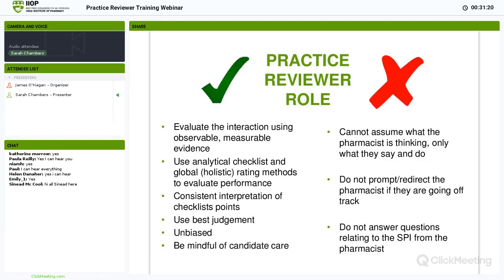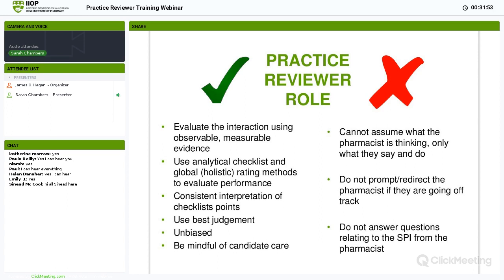So to use the analytical checklist and global rating methods to evaluate the performance, to remain consistent in the interpretation of the checklist points, to make sure that we're fair for each and every pharmacist over the 2 days. To use your best judgment, be unbiased, and always be mindful of candidate care on the day as well. Because as we all know, they are incredibly nervous, and that is totally understandable. So anything we can do to put them at ease on the day really goes a long way.